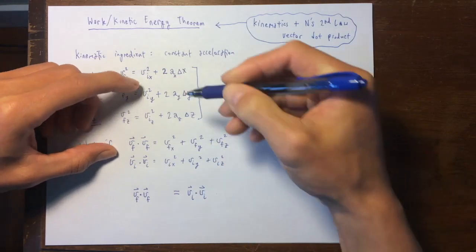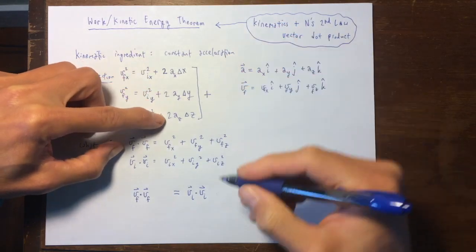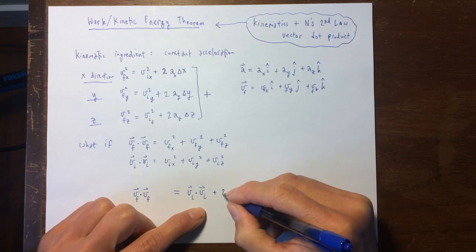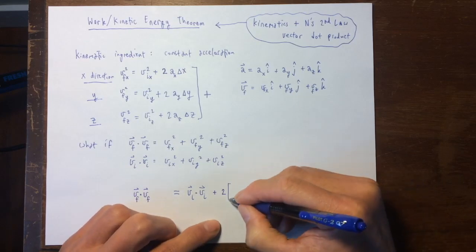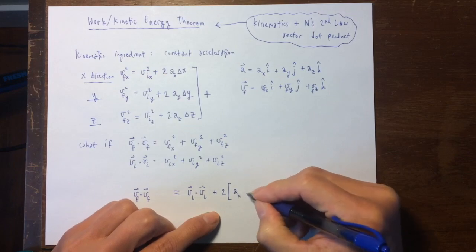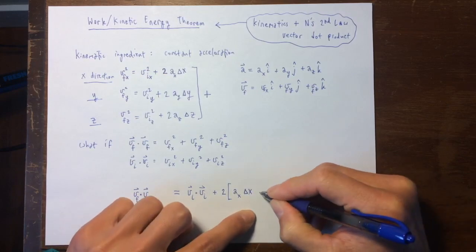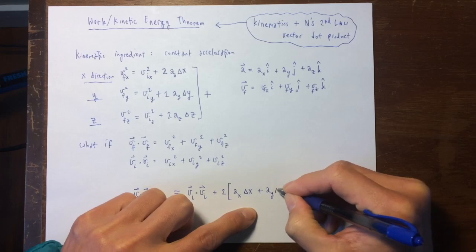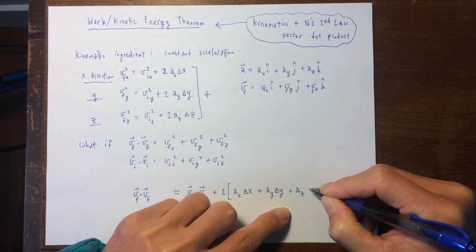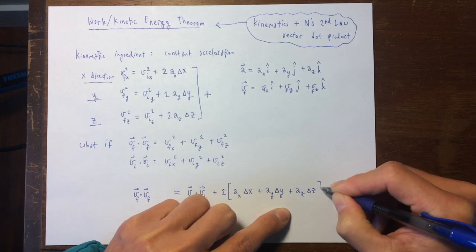And then these three things, let me just put them here. So this is plus 2 times ax delta x plus ay delta y plus az delta z.